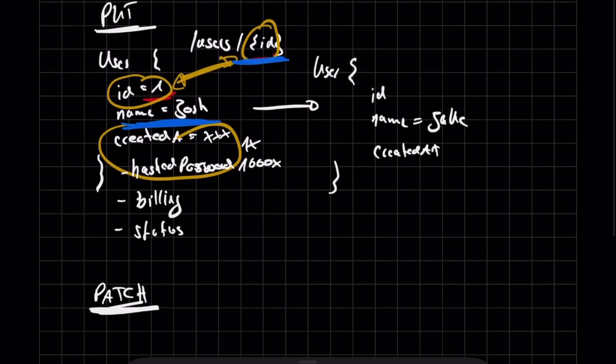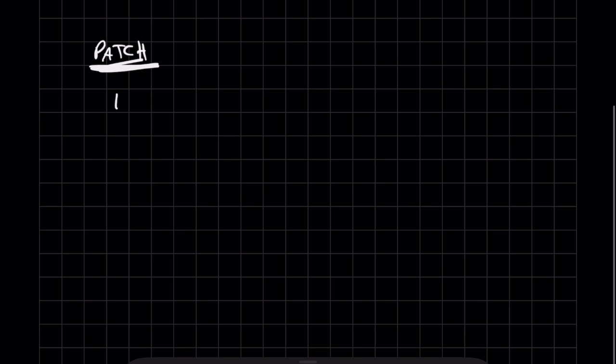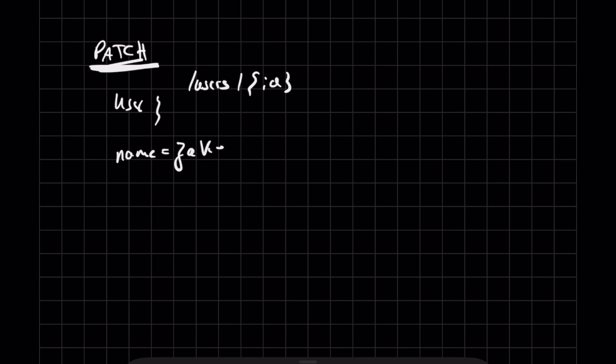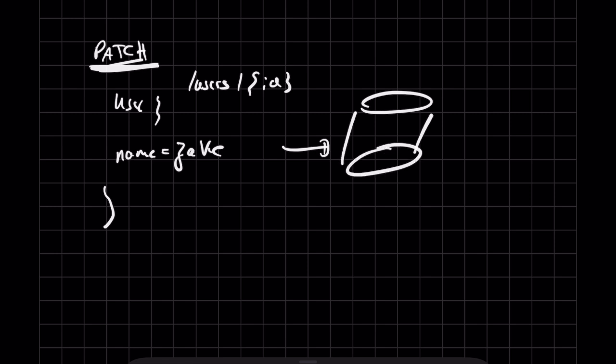When we want to update a user, we go to the URL users, then the ID, and we just send the name. Let's say this is already the updated name. Let's say this is Jake, and we send this request to our server, and then it just gets propagated to the database, and everything is fair and well, right?